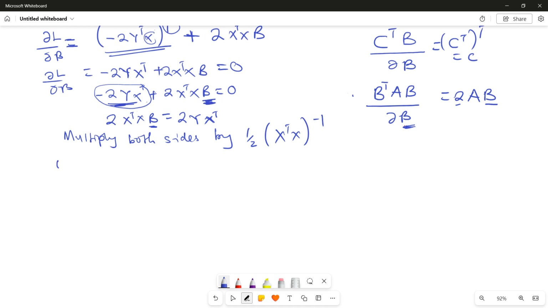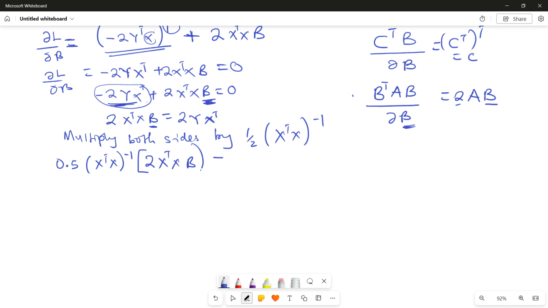So this will be, half is 0.5, right? So it will be 0.5 multiplied by x transpose x inverse. This is being multiplied by 2x transpose x b on the left hand side.